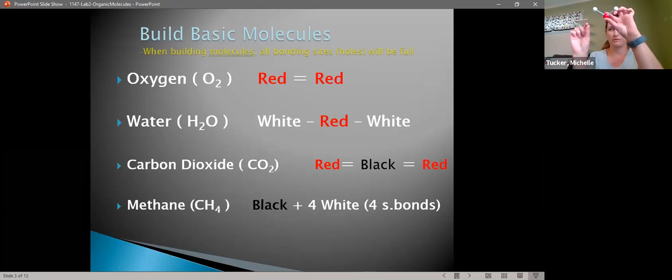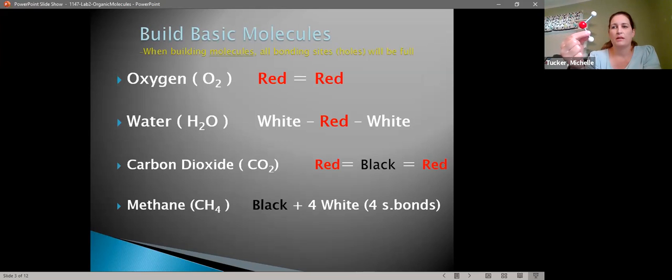So sometimes it looks like Mickey Mouse ears or a little bow. You can do all sorts of fun things on Zoom, right? But you can see now these are just single bonds, because hydrogen can only make single bonds, and there's only 1 bond between each set of atoms.